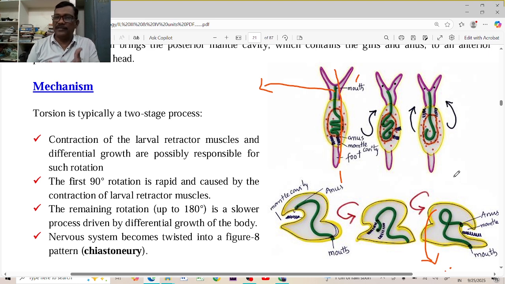This mechanism of entering into the shell and protecting themselves from enemies is important in these animals, because most of the animals living in the water like to eat them. That's why they prepare a calcium carbonate shell around their body.